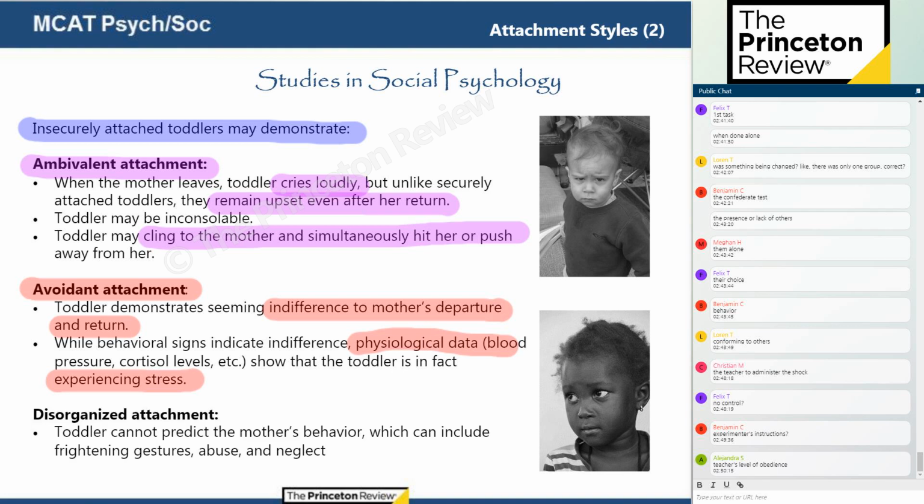And then we've got something called disorganized attachment, which is any combination of any or all of the above. And it comes from the fact that kids with this attachment style really cannot predict what mom is going to do at all.